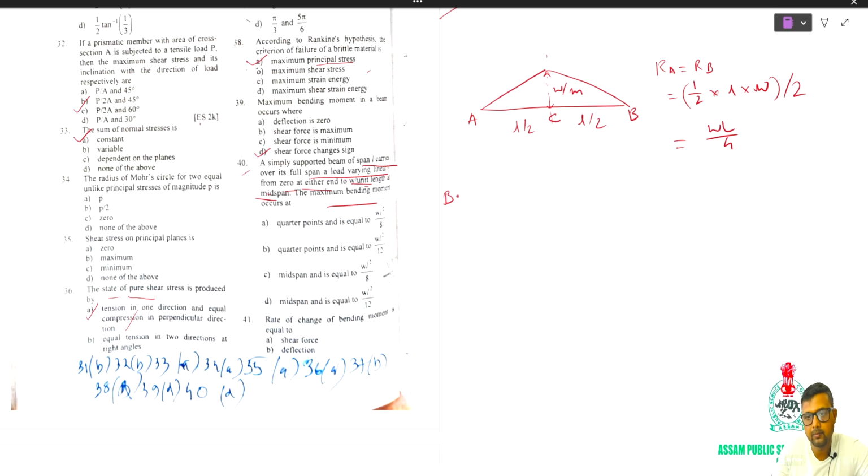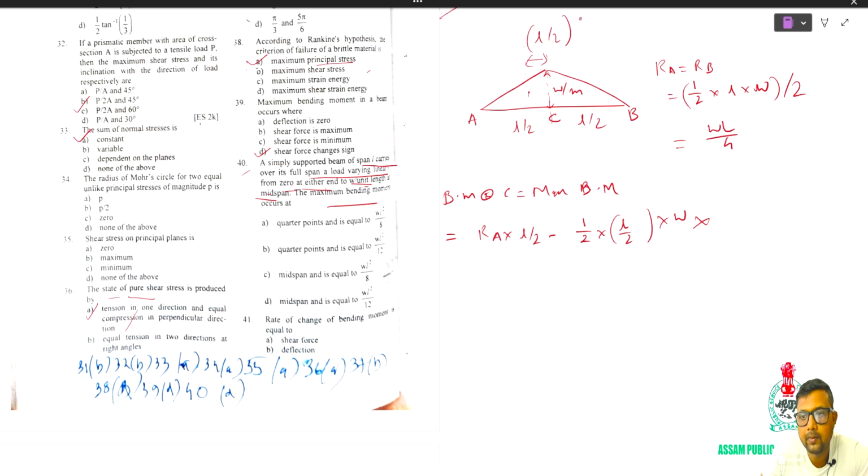Now the maximum bending moment is equal to RA into L by 2 minus half into L by 2 into W, because this triangle has a load of half into L by 2 into W. This triangle will have its CG at this point, which is L by 2 by 3 from C, into L by 2 by 3.